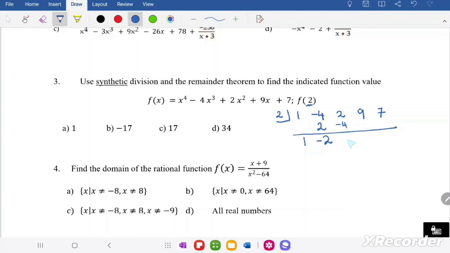Negative 4 plus 2 is again negative 2. Negative 2 times 2 is again negative 4. 9 minus 4 is 5. 5 times 2 is 10. And 7 plus 10 is 17. All right. So this, the last value from the synthetic division, is our remainder, correct? That's our remainder.